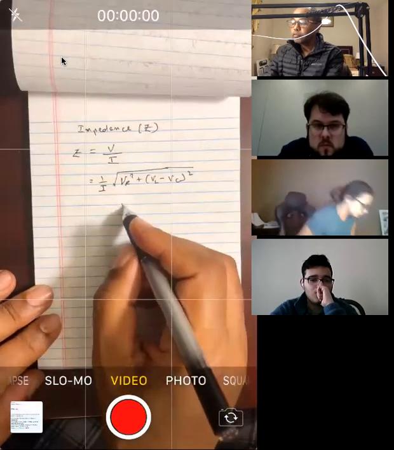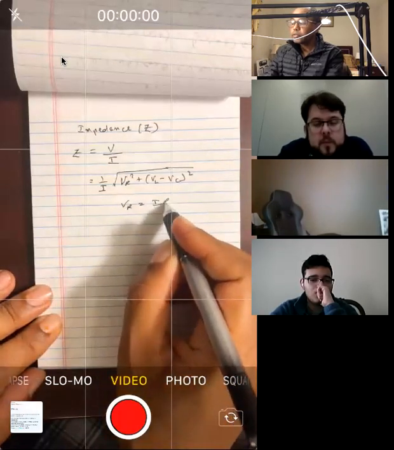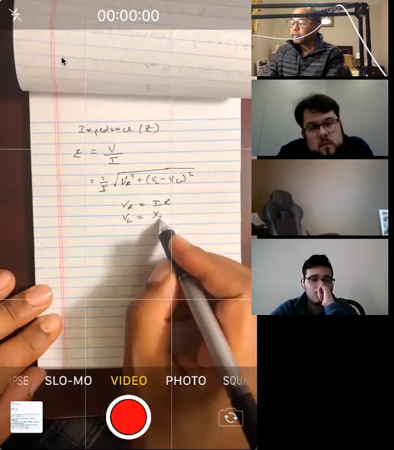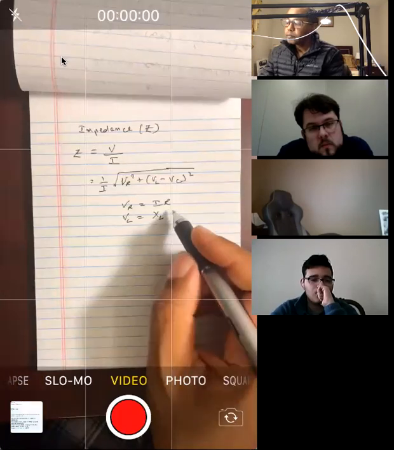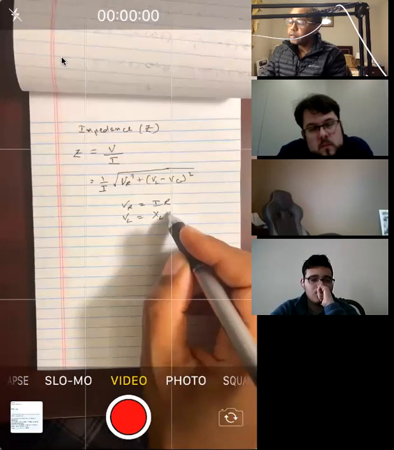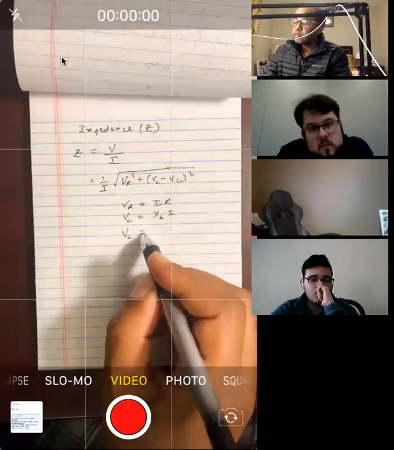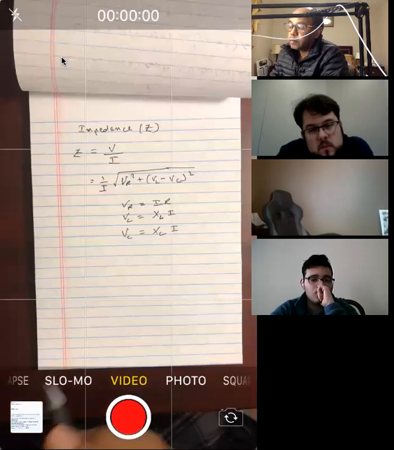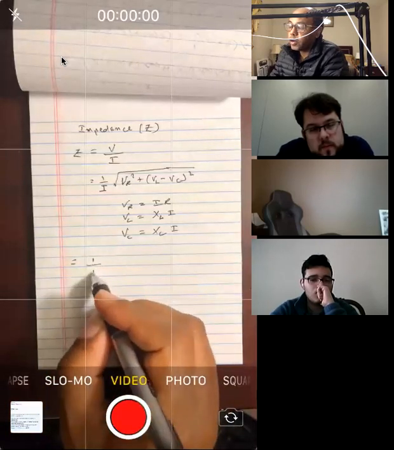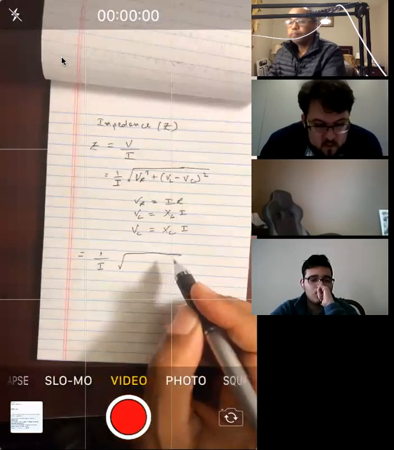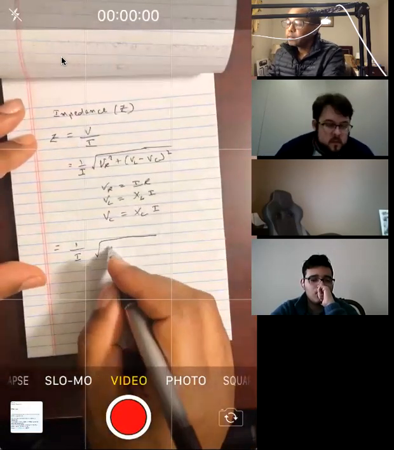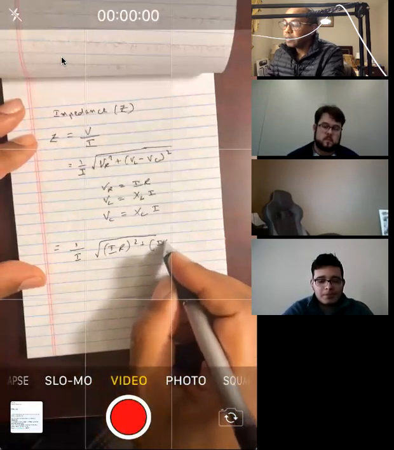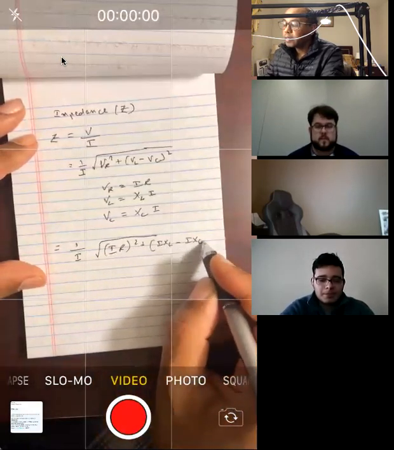But remember, by definition, VR is current times resistance, and VL is inductive reactance times the current, and VC is capacitive reactance times the current. Okay, so let's substitute this. We have 1 over I times the square root of (IR) squared plus (I XL minus I XC) squared.